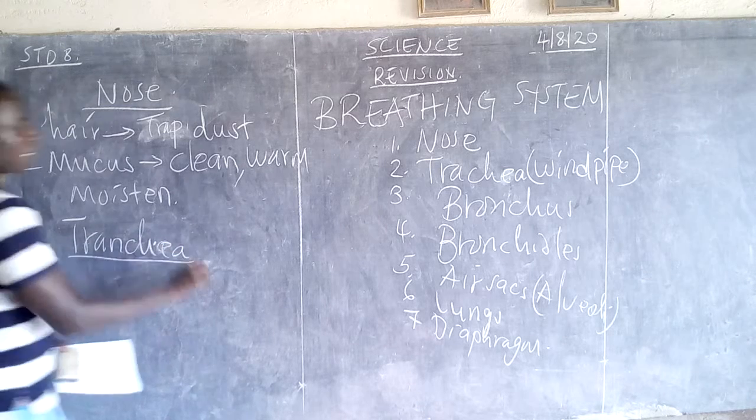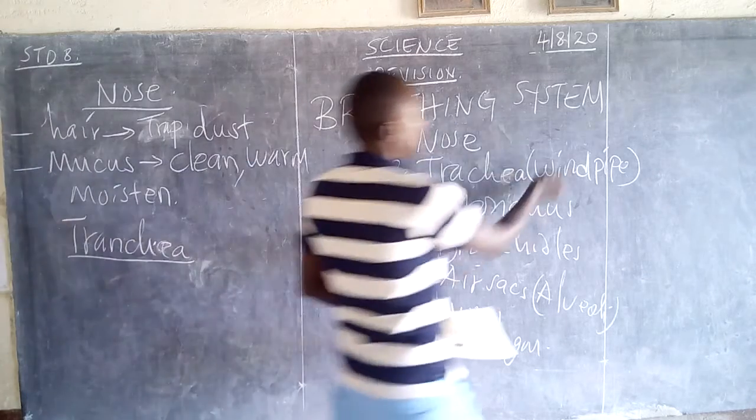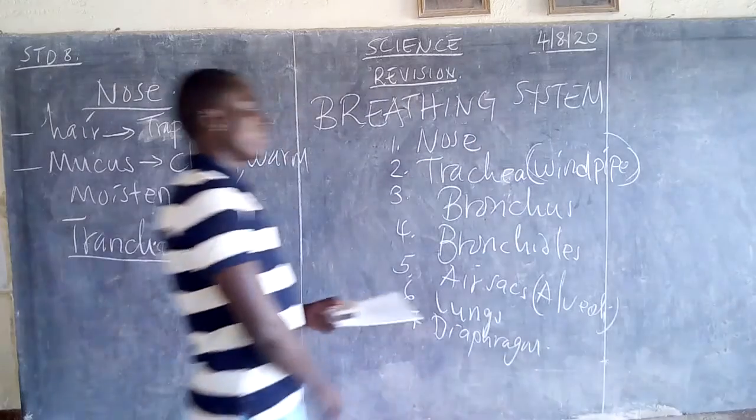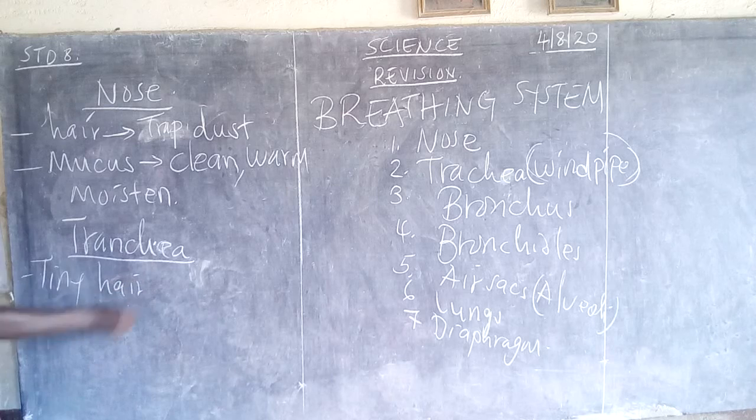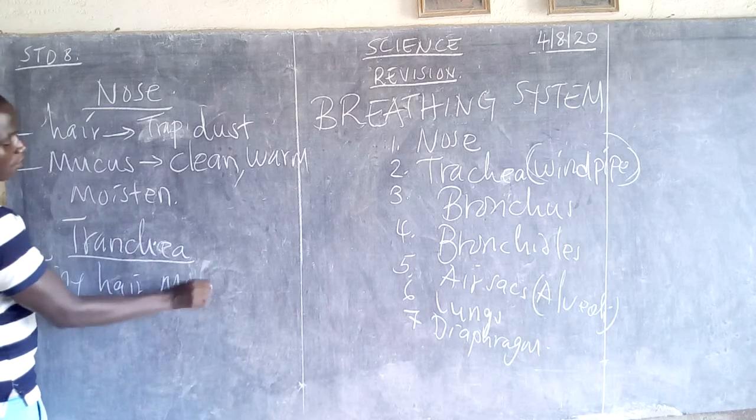Trachea is also known as windpipe. What is the function of trachea? Trachea plays a function similar to the nose. We say it has got the same function just like the one witnessed in the first part. We say it has got tiny hairs, and it has got also mucus.